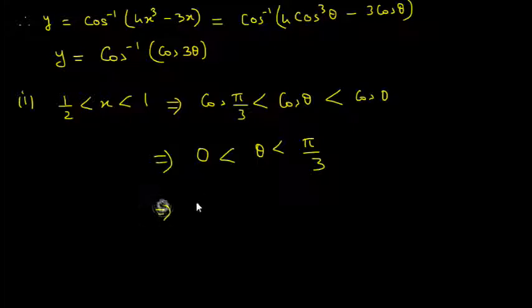Therefore, we can also write 0 less than 3 theta less than pi, multiplying the overall equation by 3.